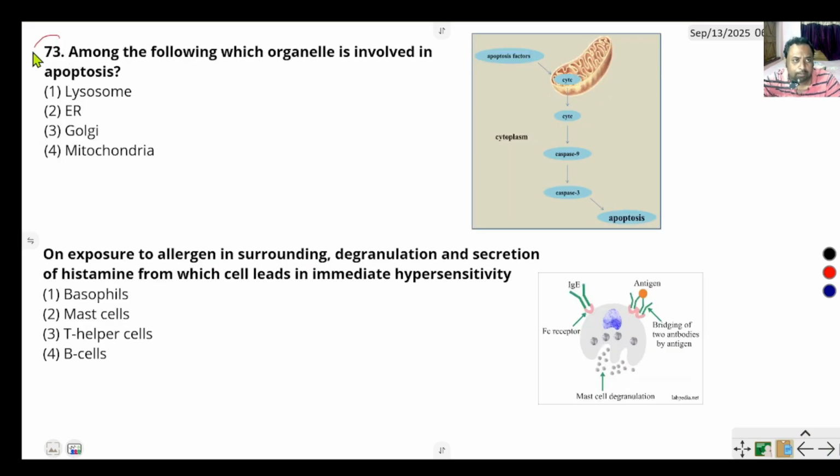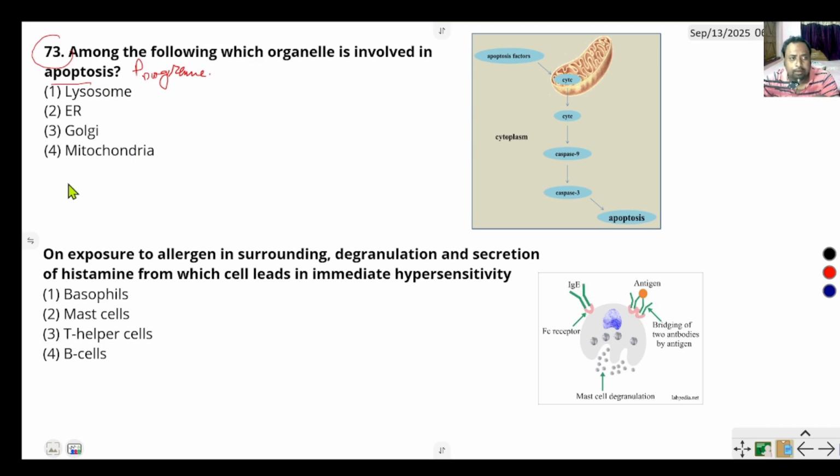Question number 73. Among the following, which organelle is involved in apoptosis? Apoptosis means programmed cell death, PCD. Programmed cell death is a process by which a dead cell or an unwanted cell is removed by apoptosis.